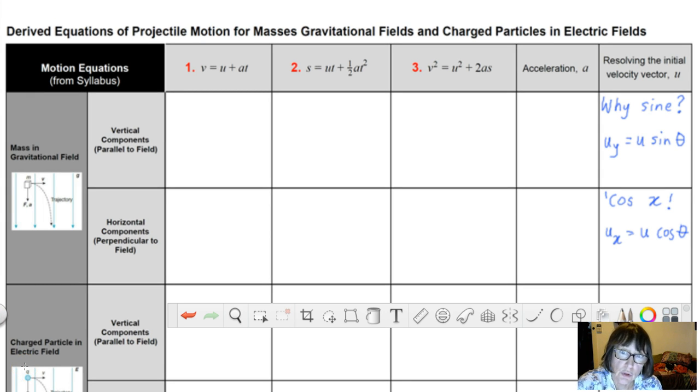Now recall the two important characteristics about projectile motion in terms of the horizontal and vertical components: the horizontal velocity is constant, that is, there's zero acceleration, and the vertical motion involves changing velocity, or a constant acceleration, and that acceleration is due to gravity.